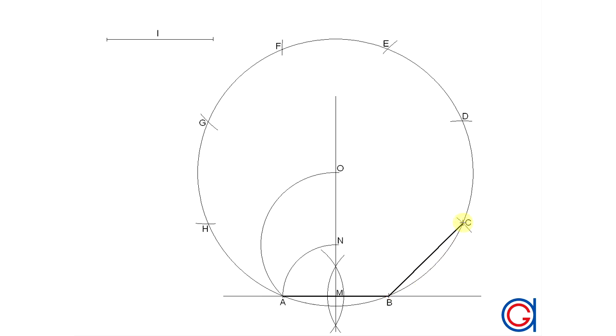So now we will join point B to C, C to D, D to E, E to F, vertex F to G, G to H, and finally we will close our octagon by joining H to A.